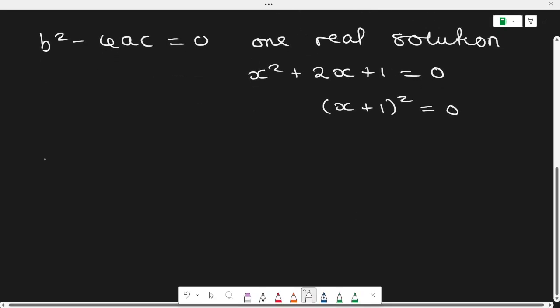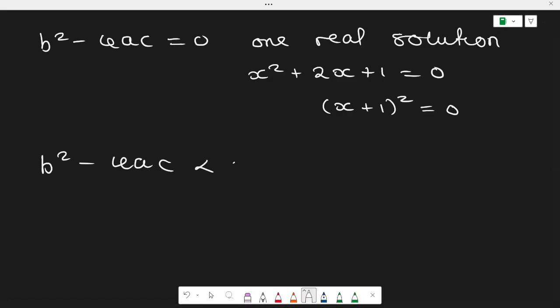Okay, what if you had a discriminant that is less than 0? What type of solution are you going to get? The type of solution you're going to get is 2 complex but non-real solutions.